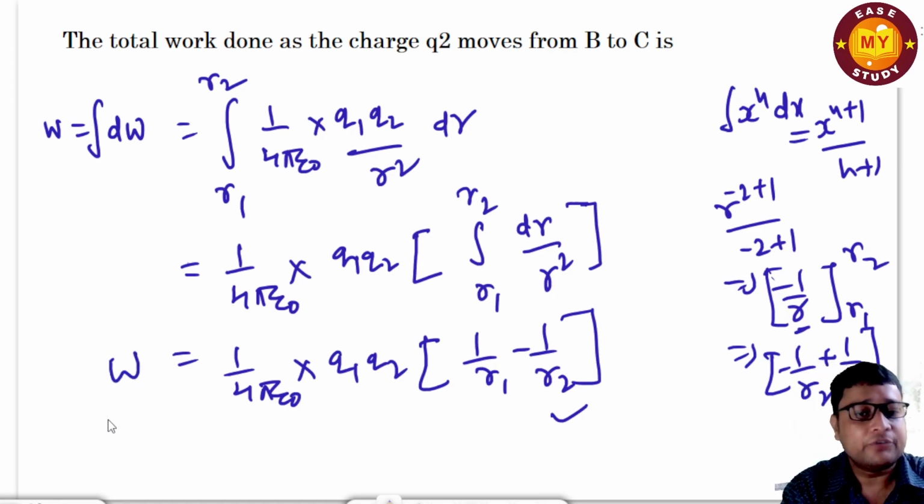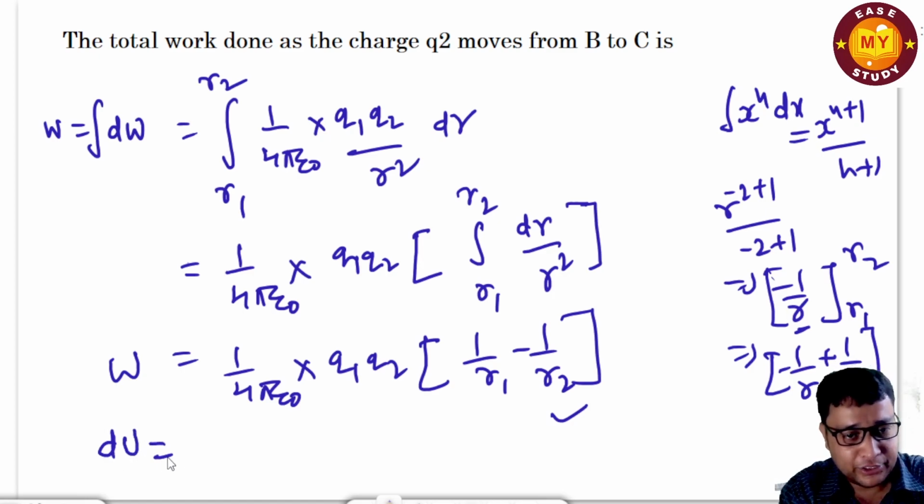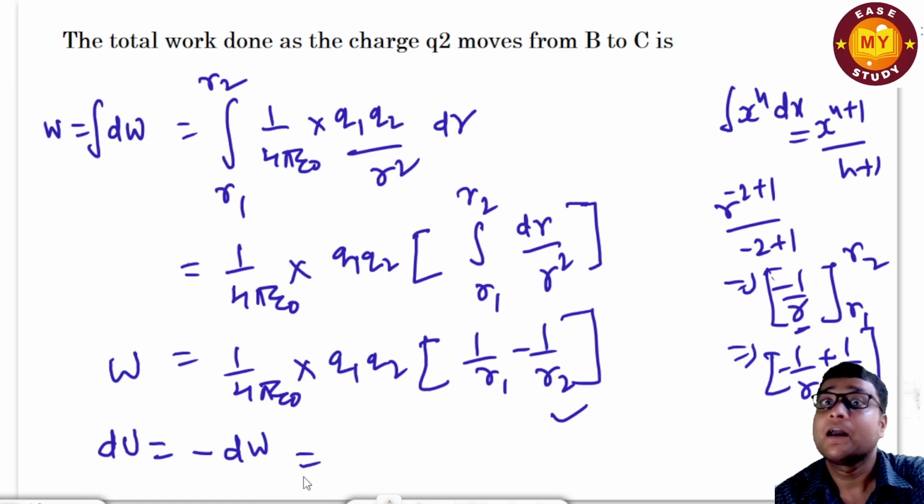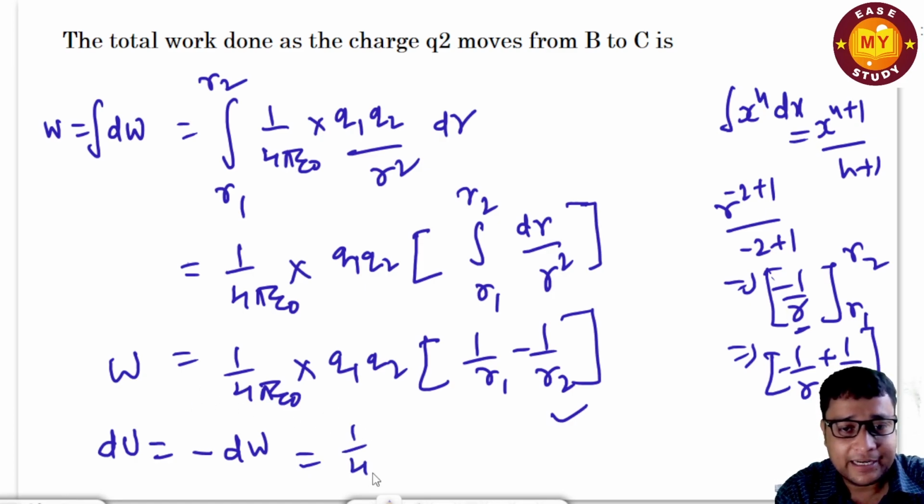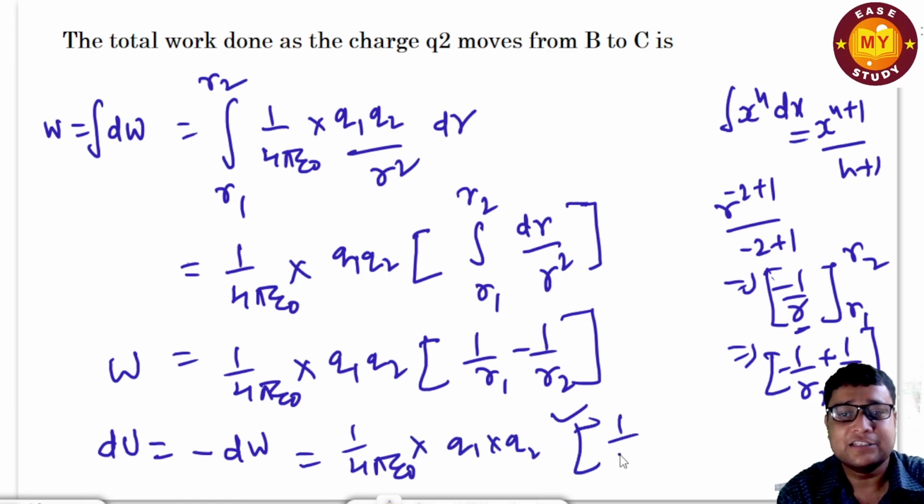But from the definition of energy, to do the work, energy is required. So here you know, and in the beginning I told you, that the negative of this work done itself will be the change in potential energy, which you have to find here. If you take the minus of this, you will get 1 by 4 pi epsilon naught q1 q2, which is the constant, and here the direction will be changed: 1 by r2 minus 1 by r1.